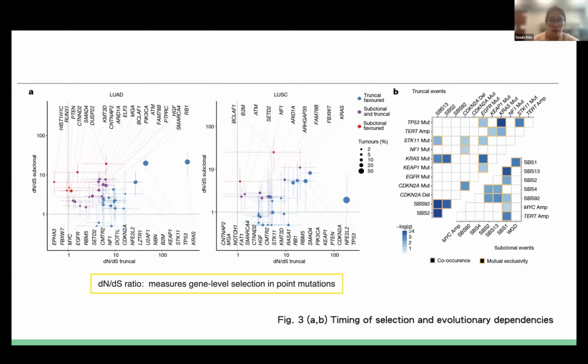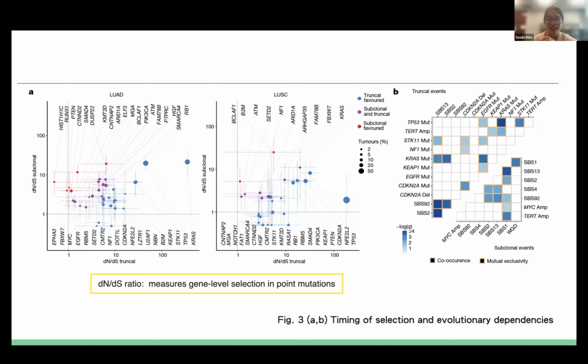If you look at the bottom, TP53 and KRAS are commonly known as the tumor initiating genes, so you assume that they are mutated in more cancers than other genes. So it actually showed truncal selection.